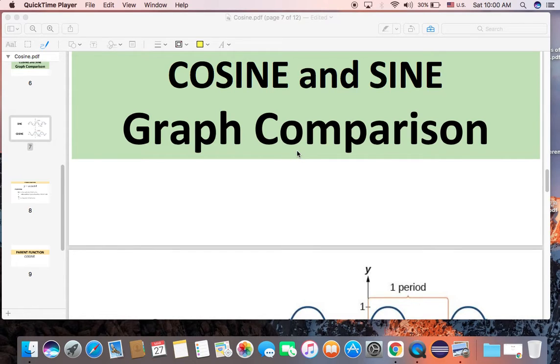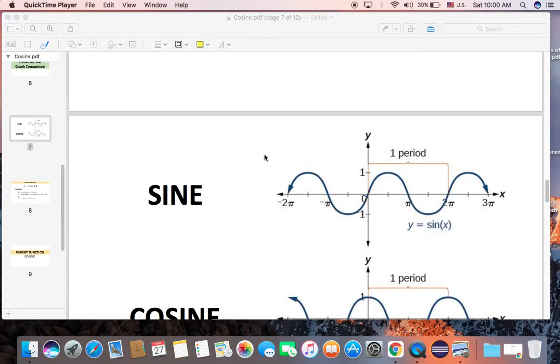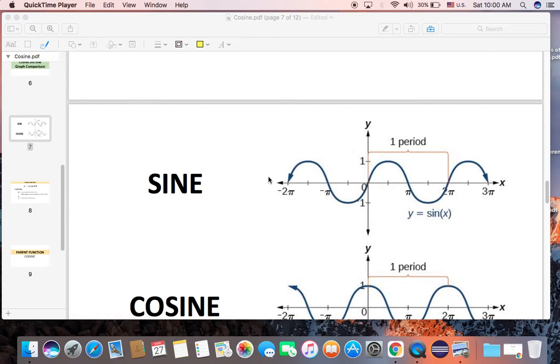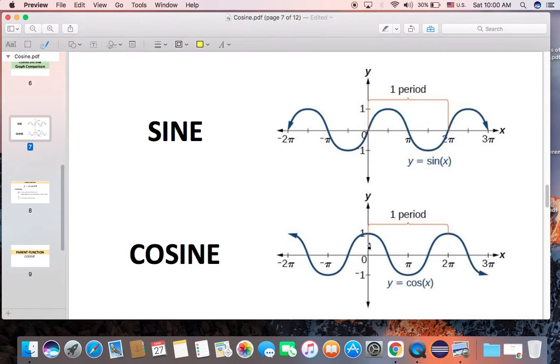Ok, today I have a video about what we study regarding cos and sin graph comparison, the difference between the graph of the sin function and the cos function. Here we observe that for sin, the graph starts from 0 and moves until 1, and less than 1, until here. But for the graph of cosinus, we start from 1.